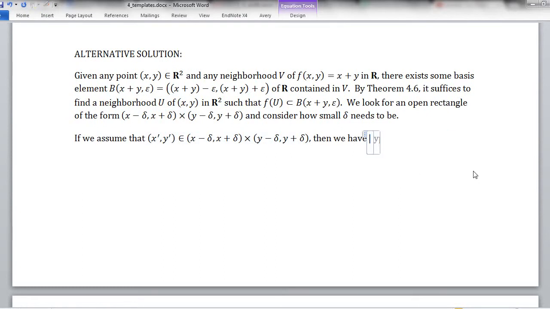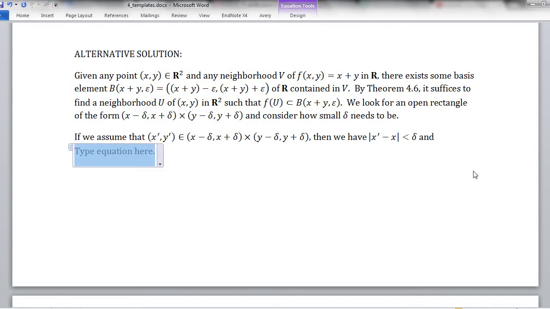Well, I guess |x' minus x| has to be less than delta, right? And similarly for the y's, the distance between y' and y is also less than delta. Okay. Good. So that's what we know.